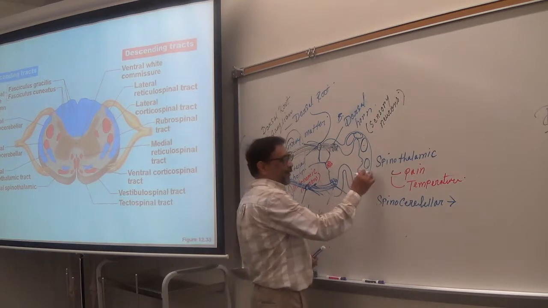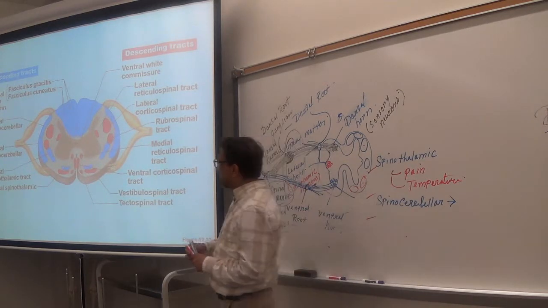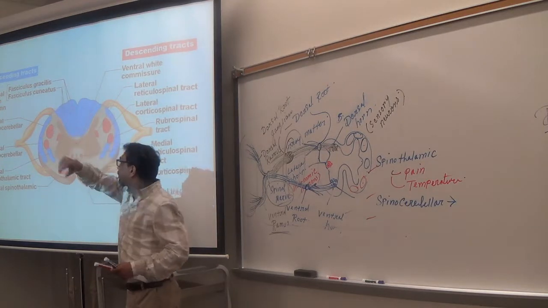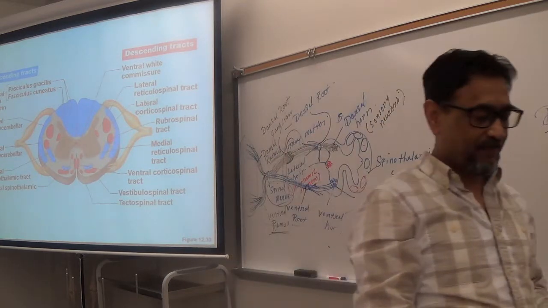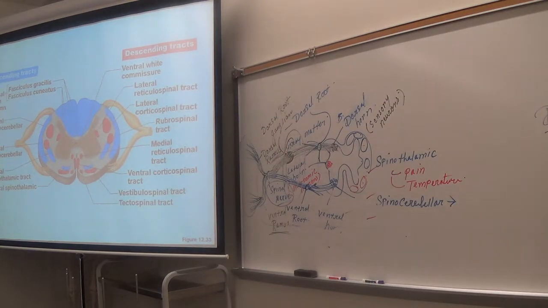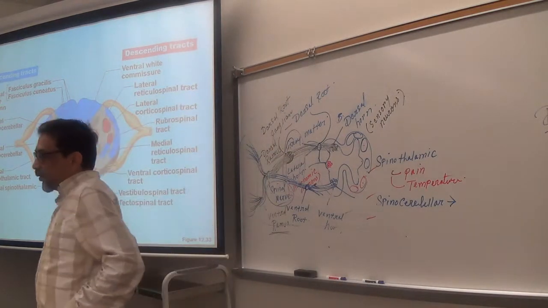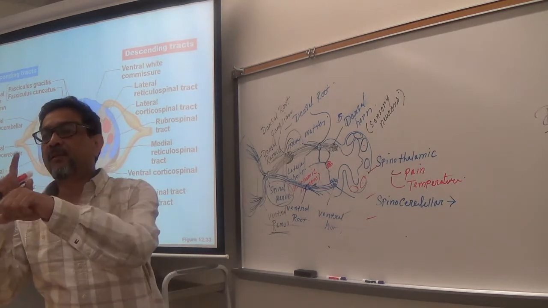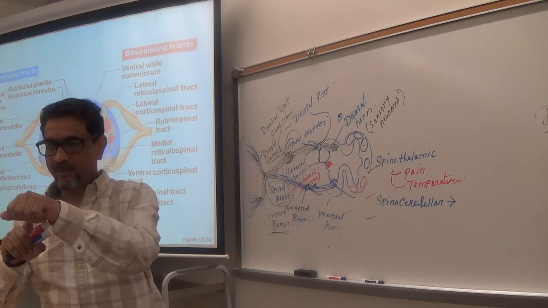So those are ascending or sensory, and in the back part of the white matter of the spinal cord, you have two more tracts, fasciculus gracilis and fasciculus cuneatus in the back part. Just remember that those tracts carry touch and pressure.